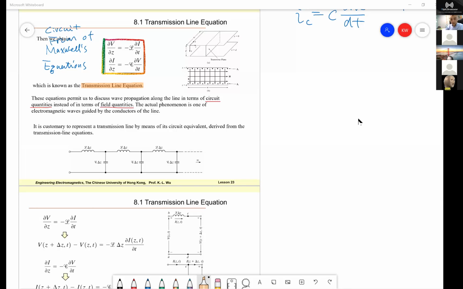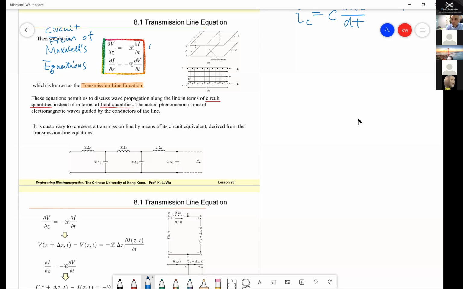Okay, let's come back. So when you say both voltage and current satisfy the Maxwell equation, then you should show that does that also satisfy the wave equation? Yes, of course.